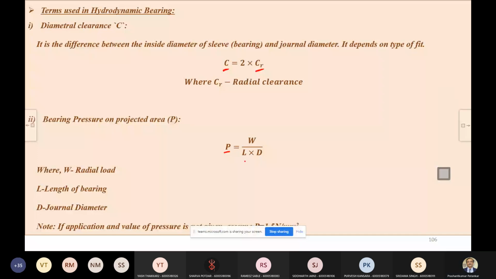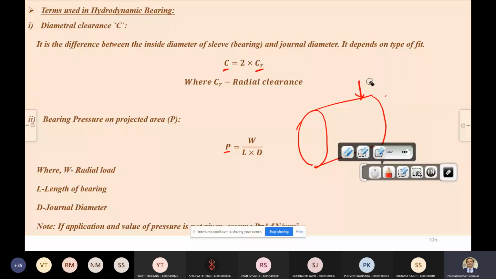See here, this is your journal, and this is your load W coming over here. This diameter is your capital D, and the length is capital L.